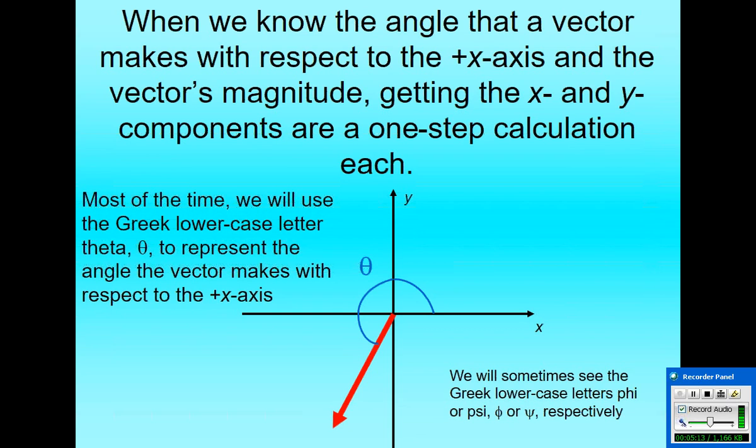I strongly recommend measuring all of your angles with respect to the positive x-axis. This is that one-size-fits-all approach that I emphasize. Measure all of your angles with respect to the positive x-axis.